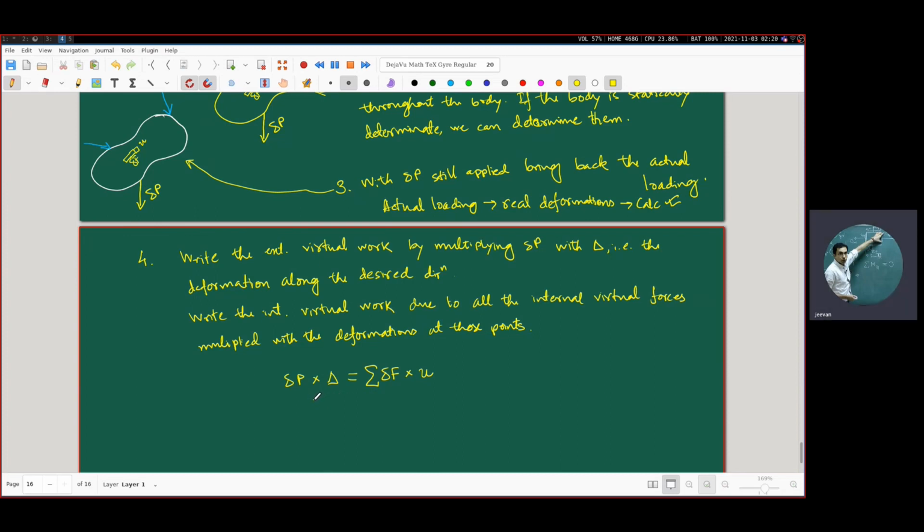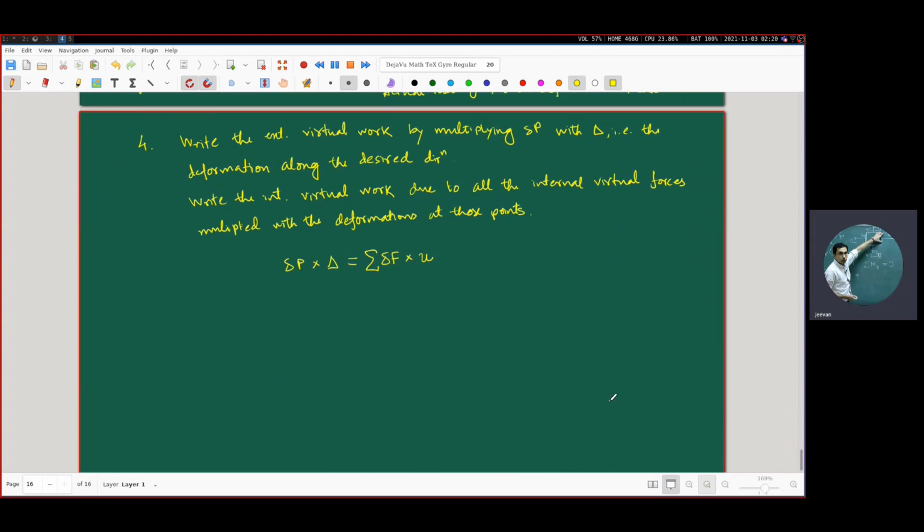Just a very simple example, the simplest of examples. If you have a truss, please note that this delta P is like a 1. At maybe one of the nodes in the truss, you apply this virtual force of magnitude 1, and then you multiply with this delta. So let's say we consider a truss like this.